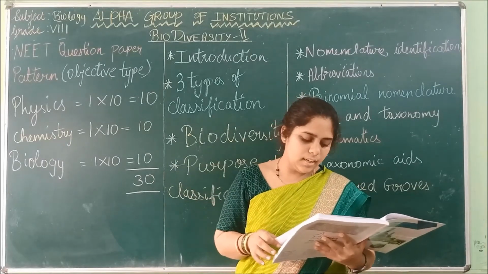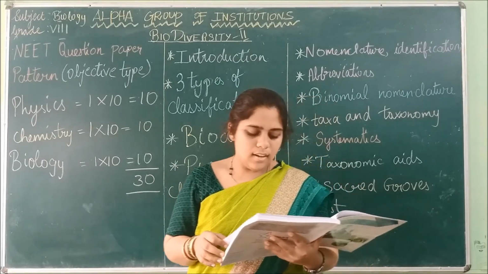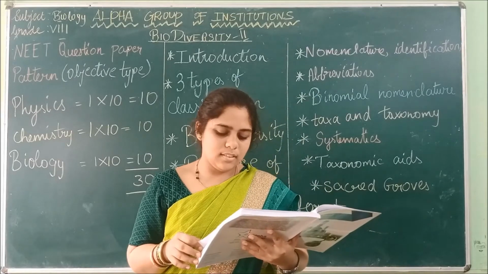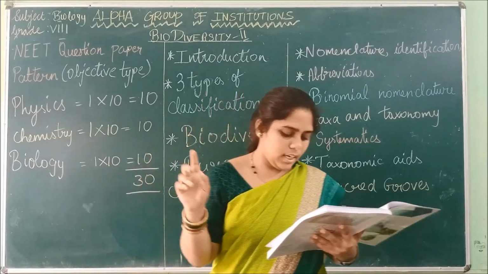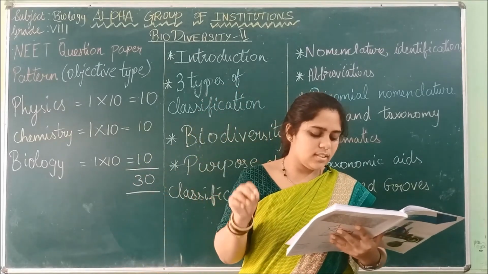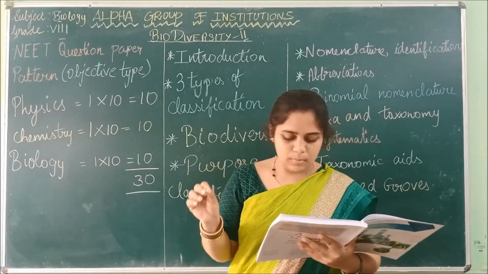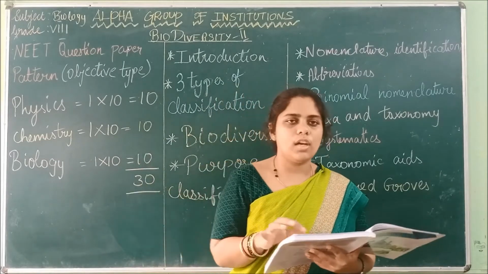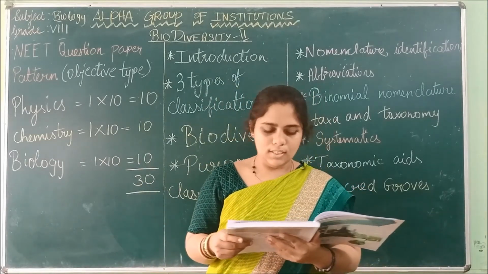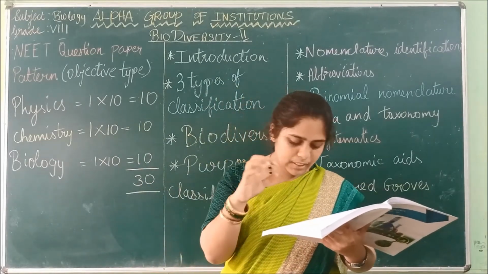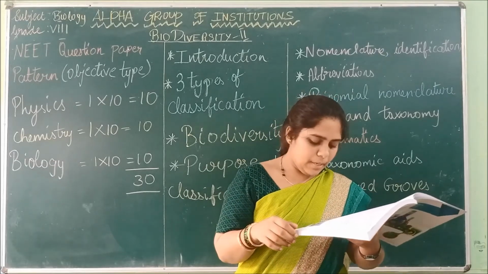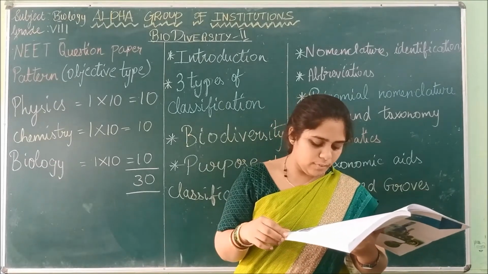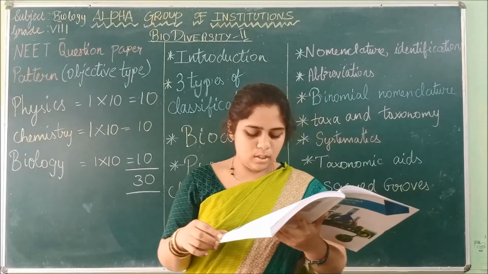And next is under taxonomical aids. This first line itself, the last word. The taxonomical aids, it is the primary source of taxonomic studies. So dash is the primary source of taxonomic studies, means you should write taxonomical aids. And under herbarium, the last line of it, herbaria also serve as quick reference system in taxonomical studies.